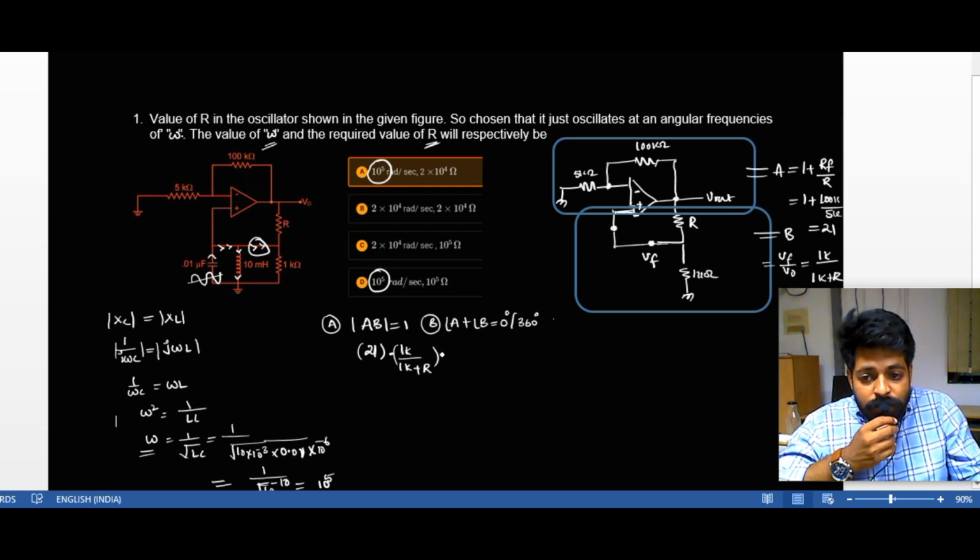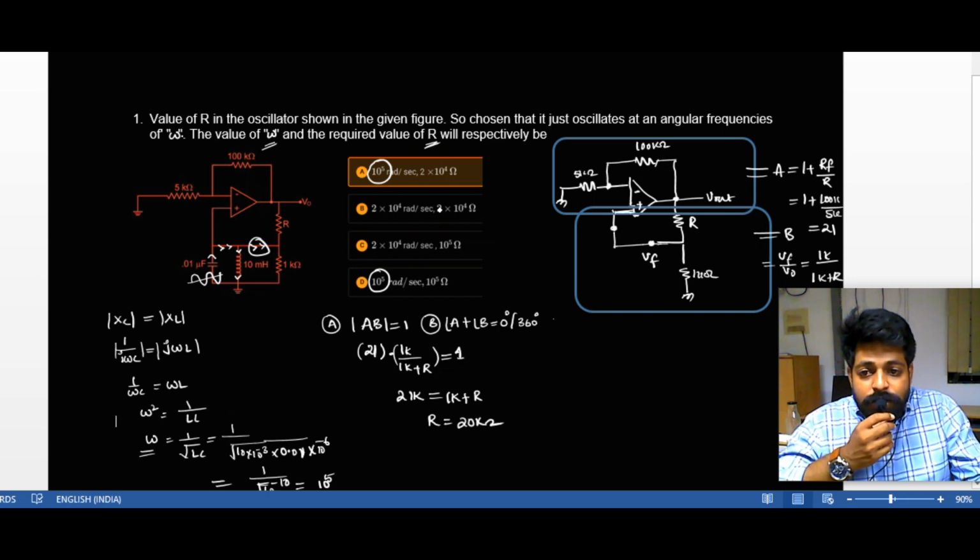The multiplication of A beta should be equal to 1. So now if I solve this one, 21k is equal to 1k plus R, and from this R we get around 20k.